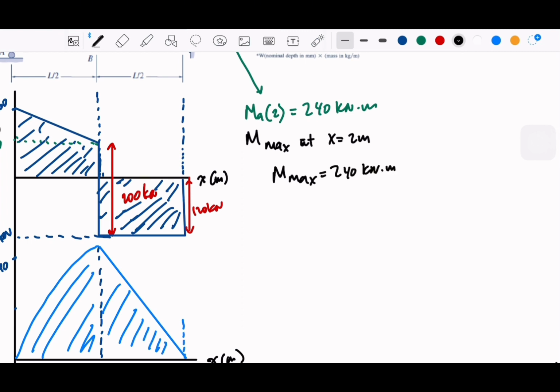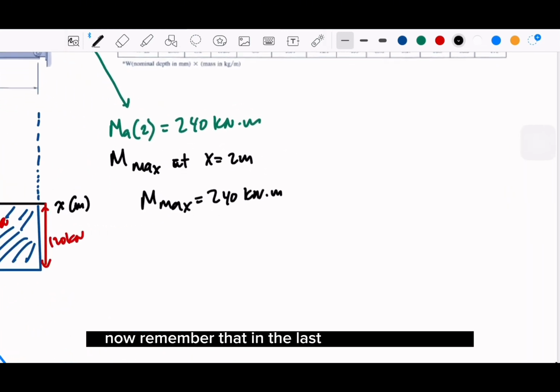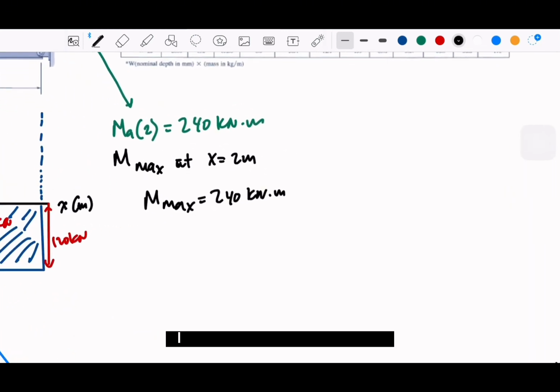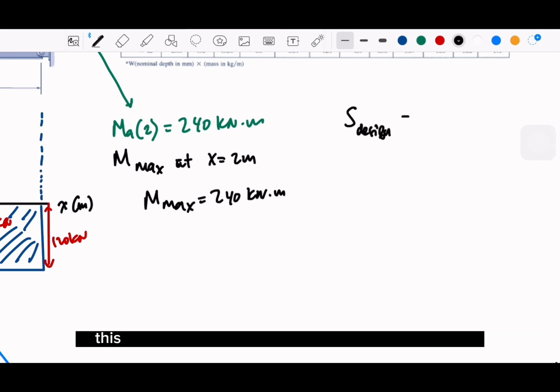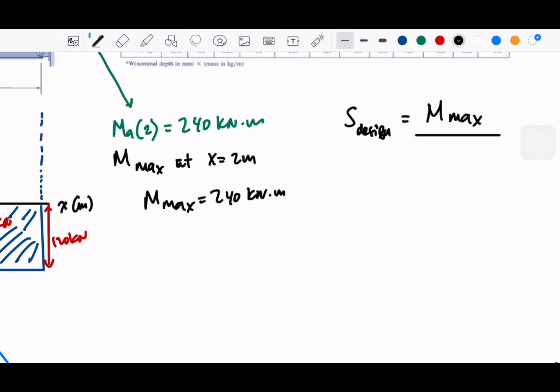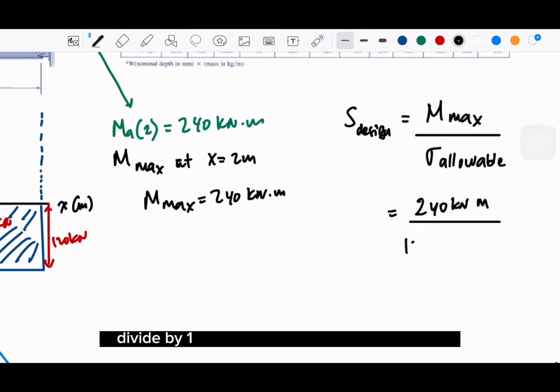Now remember that in the last part of our lecture, I told you that we have a new property that we call S. This is for design. This is equal to the moment max divided by the sigma allowable. So we take this 240 divided by 150 Newton per millimeter squared.